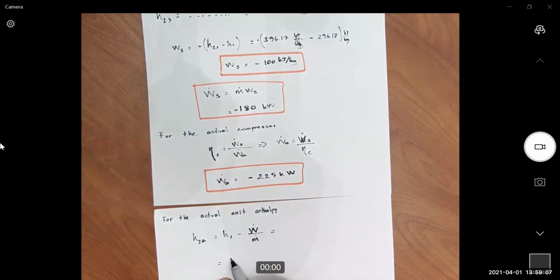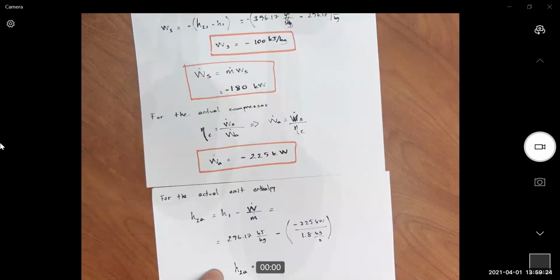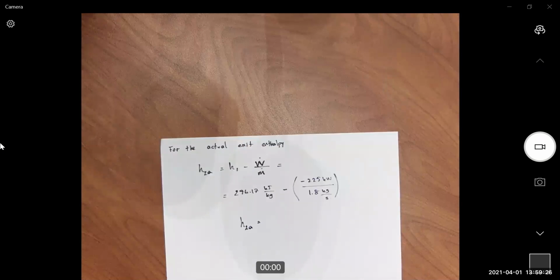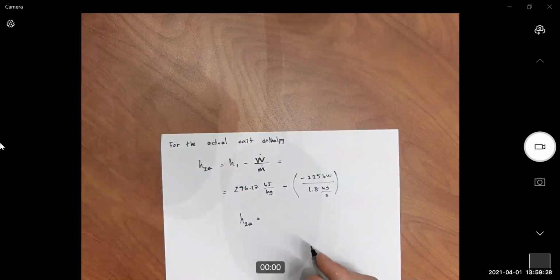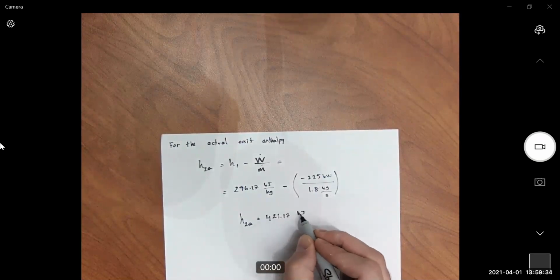H1 is 296.17 kilojoules per kilogram minus minus 225 kilowatts divided by 1.8 kilograms per second. And H2 actual, the enthalpy at the exit, is 421.17 kilojoules per kilogram.